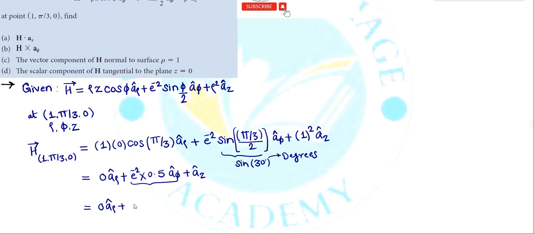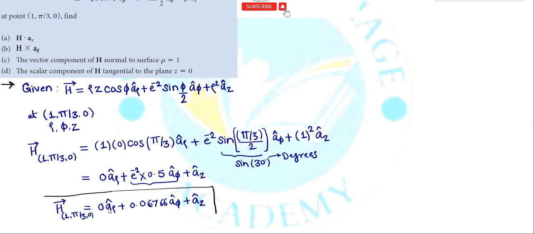So this will be 0.06766 A5 cap, and this will be as it is. So that is your AZ cap. This is your given vector H, which is expressed at the given point, which is 1, pi by 3 and 0. Okay, so this is the given vector H at that point.